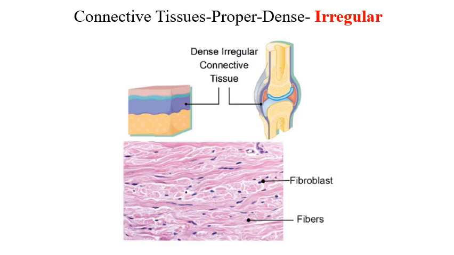All right, so here we see more dense irregular connective tissue, and this is the type of layer that you see on top of the skeleton. You have this fibrous layer that covers all over the skeleton. There's also dense irregular connective tissue besides the lamina propria.